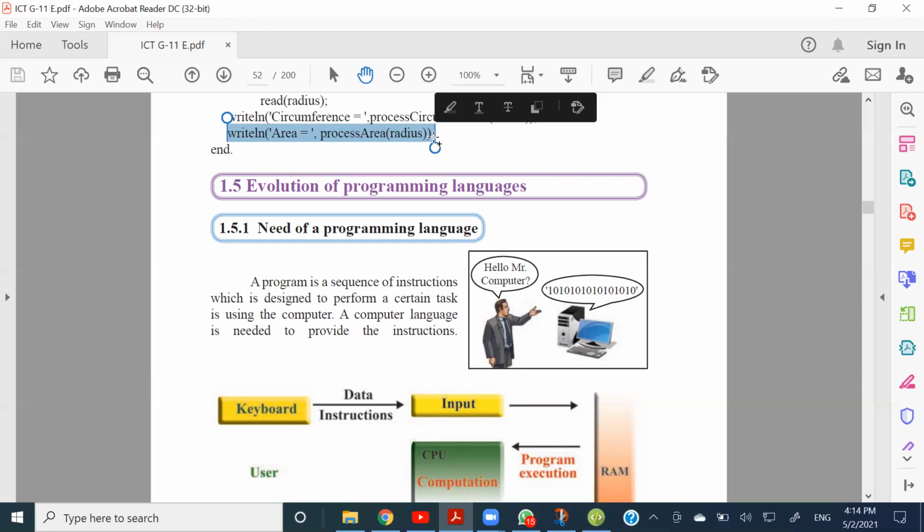And there will be something to convert, interpret or translate our program, which we have written using a high-level programming language like Pascal, into the ones and zeros. That intermediary program which does the conversion is called a translator, right?